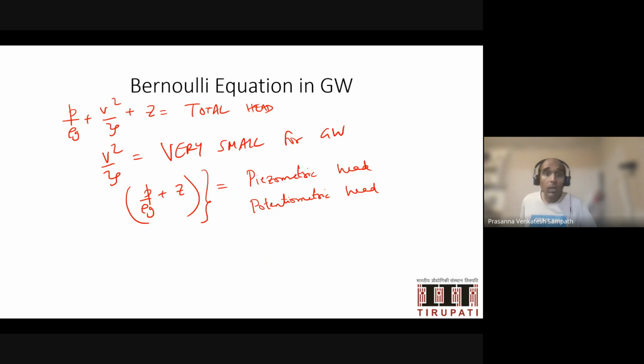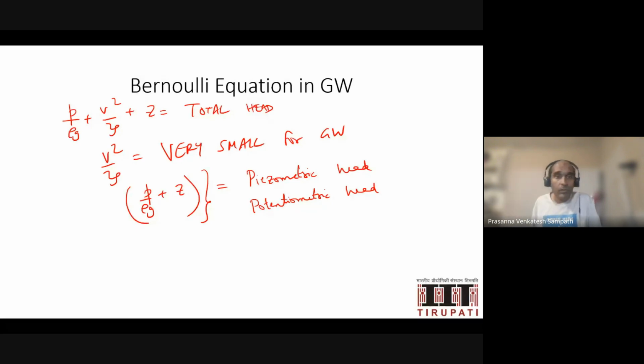Now, when it comes to groundwater, this V square by 2g term is very, very small, because typically groundwater moves at the rate of, let's say, 5 meters per day, 10 meters per day, and so on. 5 meters per day in meters per second will be 5 divided by 86,400 meters per second.